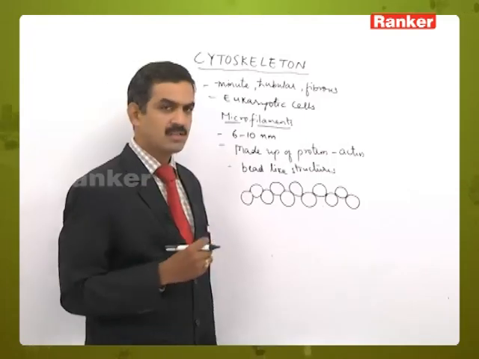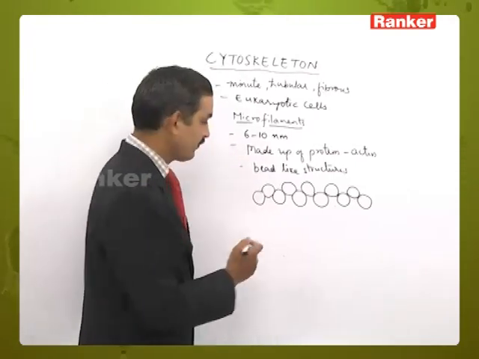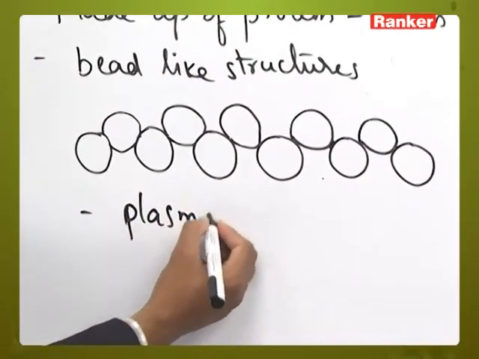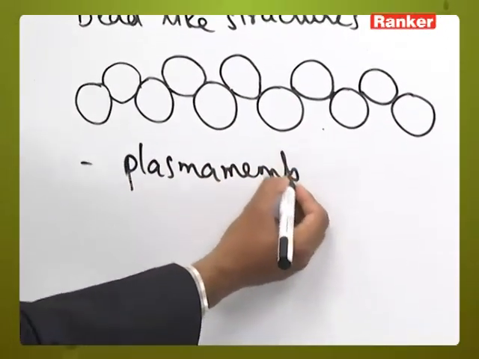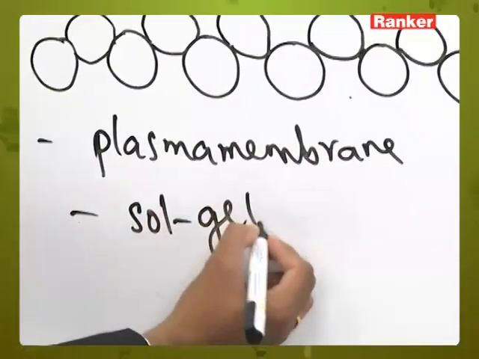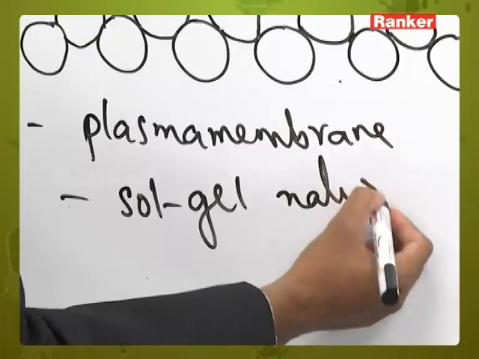These structures are associated nearly just below the plasma membrane, or where the sol-gel nature of the cytoplasm exists.